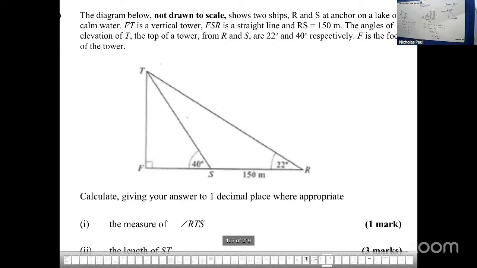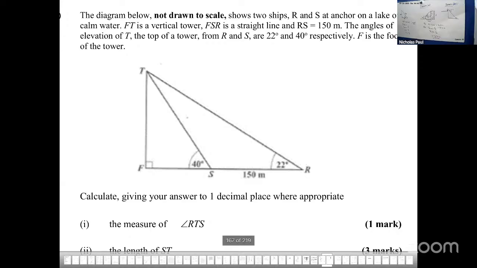Right, so the diagram below, they give you a diagram, so they make it nice and clear, right? The diagram below, not drawn to scale, shows two points, R and S. You'll see R and S on the diagram. The angle of elevation of T, the top of the tower, from R and S is 22 and 40.